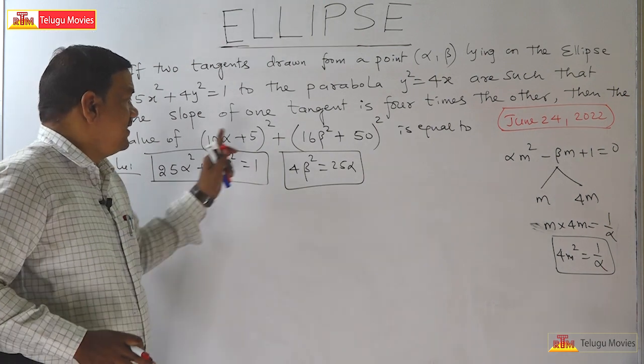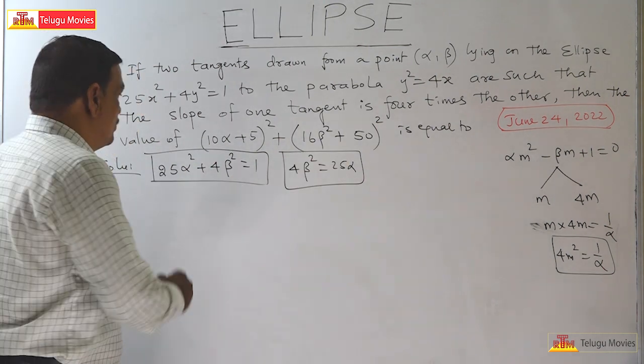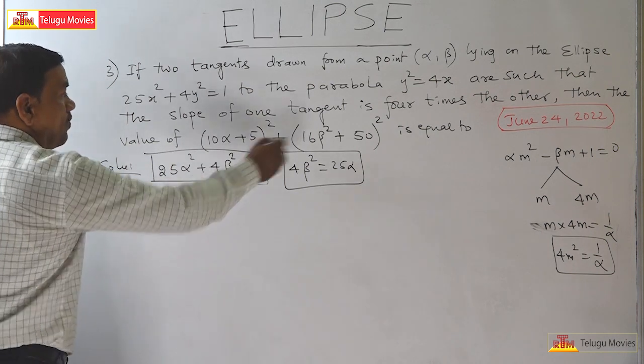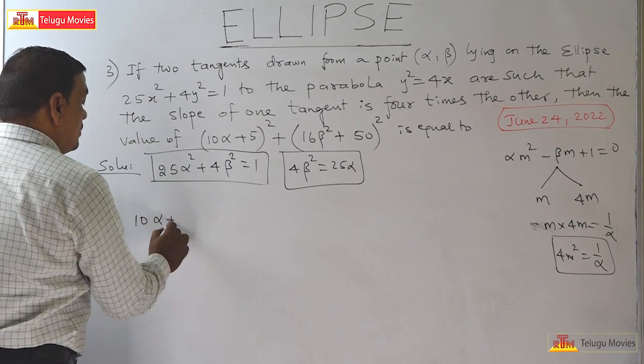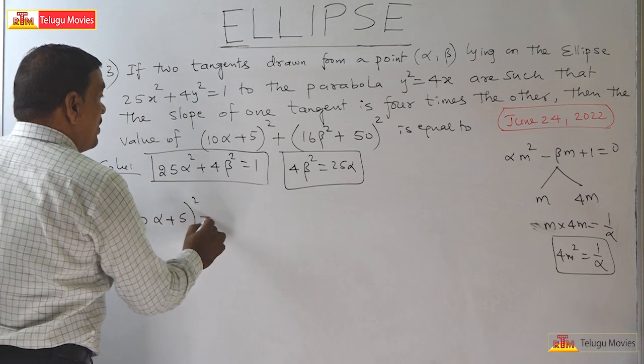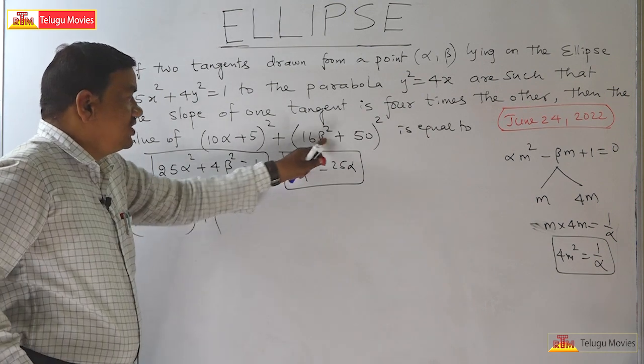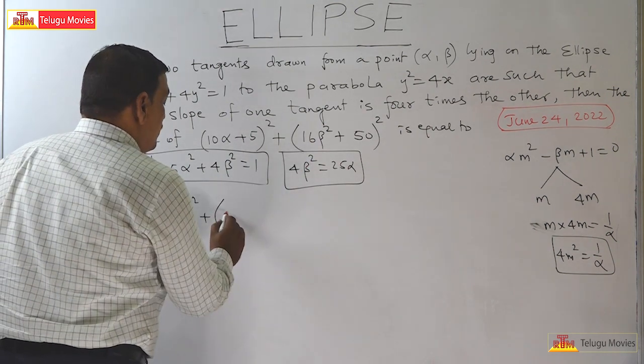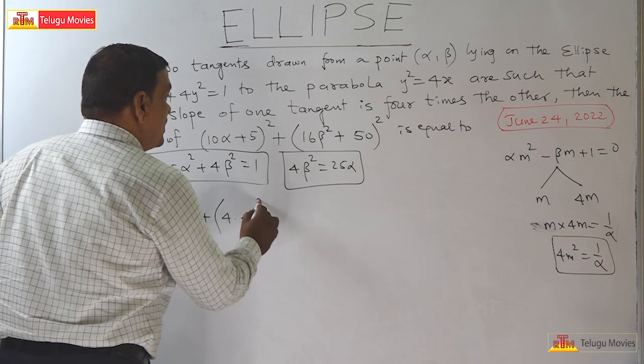Okay, now take this equation. So that is equal to 10 alpha plus 5 whole square plus 16 beta square. We can write that as 4 into 4 beta square.